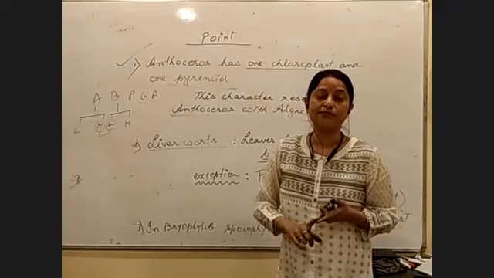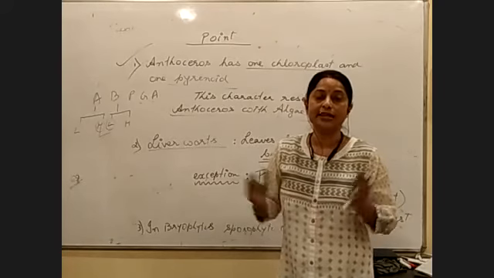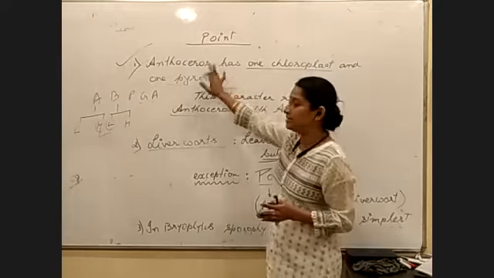Chlamydomonas has one pyrenoid present, and Anthoceros has one pyrenoid present. So this is the algal-like character that is seen in Anthoceros.